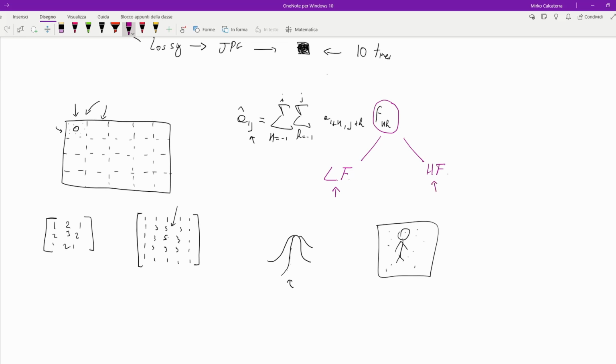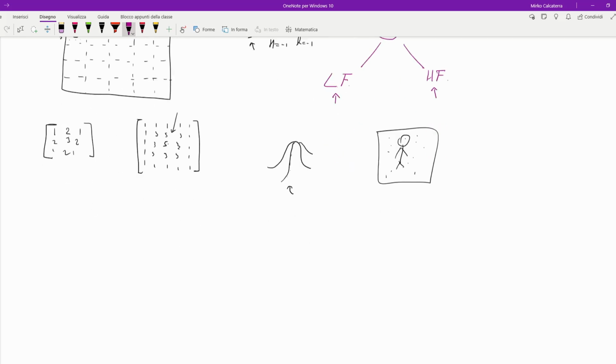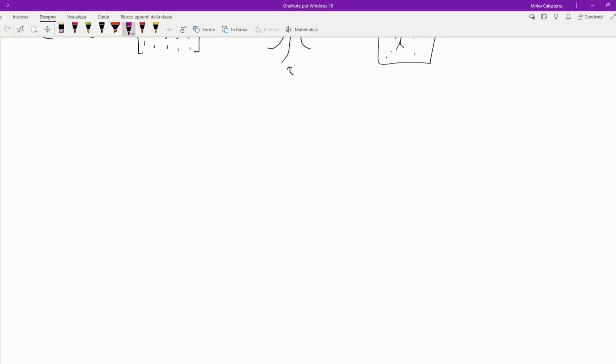For example, let's think about a portrait. In general, if you want to increase the boundaries of a person that is described in the image, we have to use a high frequency.